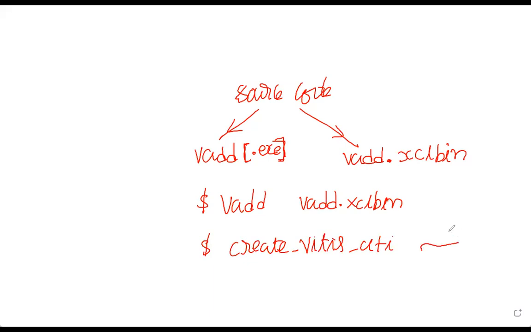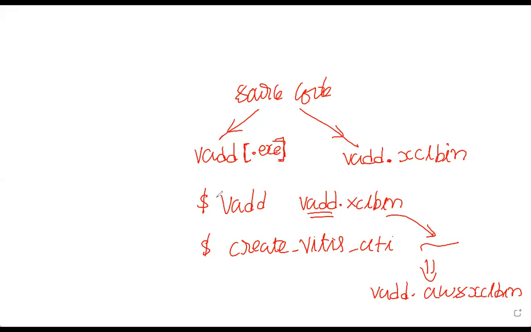And then you give this XCL bin file. And then what happens is this XCL bin file gets transformed into, so the prefix here will not be VAD, I just used VAD, it gets transformed into AWS XCL bin.